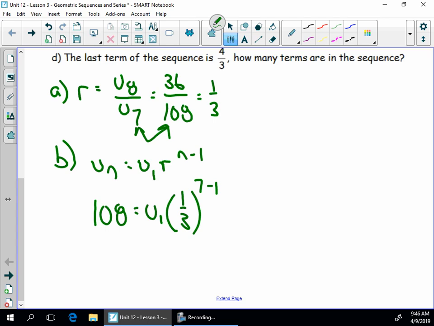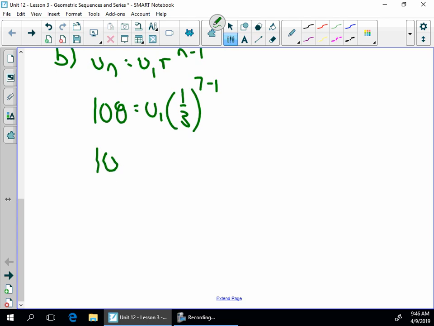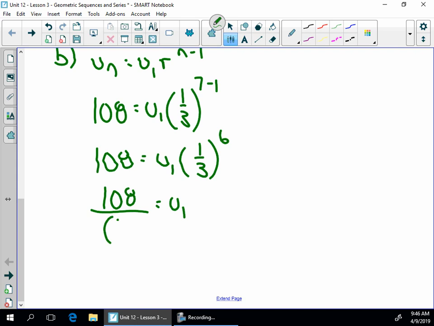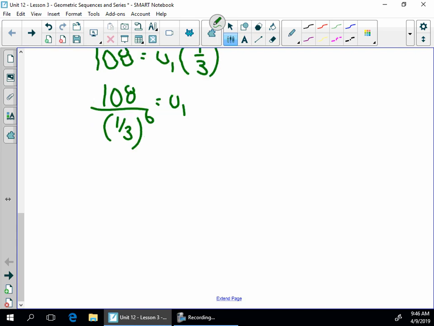I'm going to solve this by simplifying, okay, and then taking my handy-dandy calculator and dividing by that number. So rather than trying to work with all the decimals, I just left it as 1/3 to the power of 6. Type in my calculator the way it looks, and you should get 78,732, I believe.